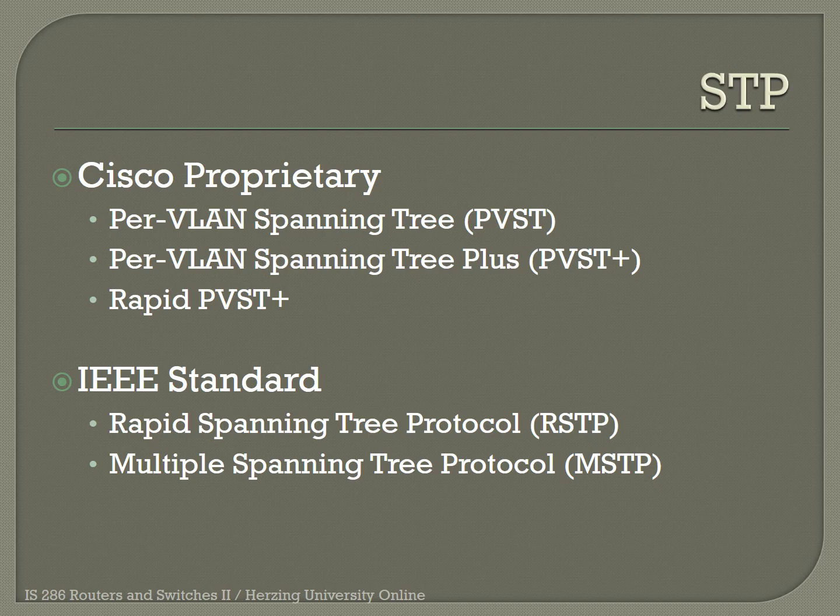First, there are 3 implementations of STP that are Cisco proprietary. These are Per VLAN Spanning Tree, or PVST, and Per VLAN Spanning Tree Plus, or PVST+, and then Rapid PVST+. PVST maintains a separate instance of spanning tree for each VLAN, as does PVST+.